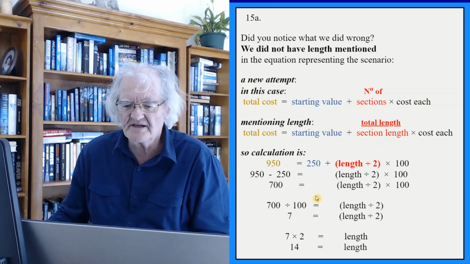Now shift the 100, it divides. Exactly the same as before. But now we shift the 2 and it multiplies. So in one calculation, we go directly from a general statement, which is adapted to what we want, to calculating what we want to know.